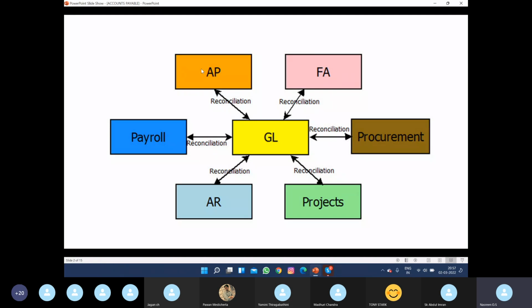So whenever we post the transactions in AP, they are also updated in the general ledger accounts. This is the actual concept and the linkage between accounts payable and general ledger. So by the year end, we generally see the balances in the general ledger, and these are all the balances which are updated with the help of a reconciliation account. That is about the reconciliation account.